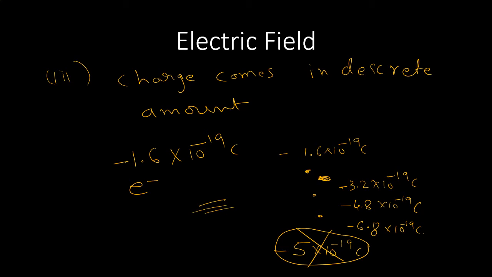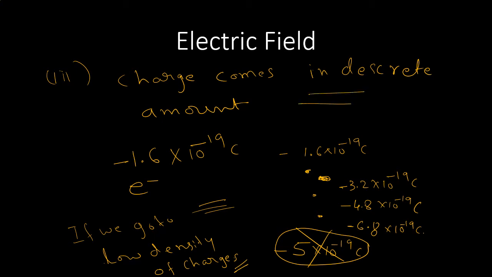Therefore, if we go to very low particle number or electron charge number, very low density of charges per unit volume, then we may observe this fact that charge comes in discrete amount.